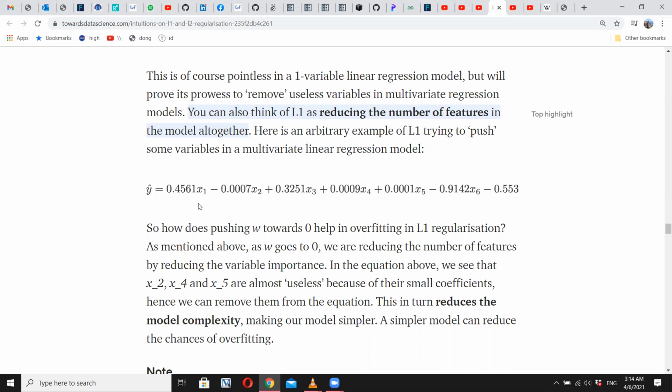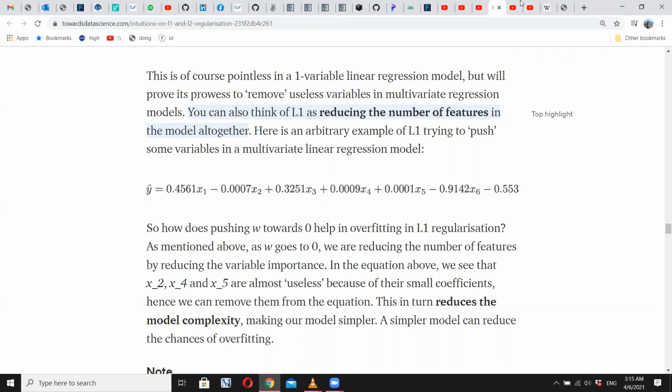So Lasso regression is more useful in this case because it will quickly shrink the parameters related to your useless variables closer to zero. So this is the advantage of Lasso regression versus ridge regression.